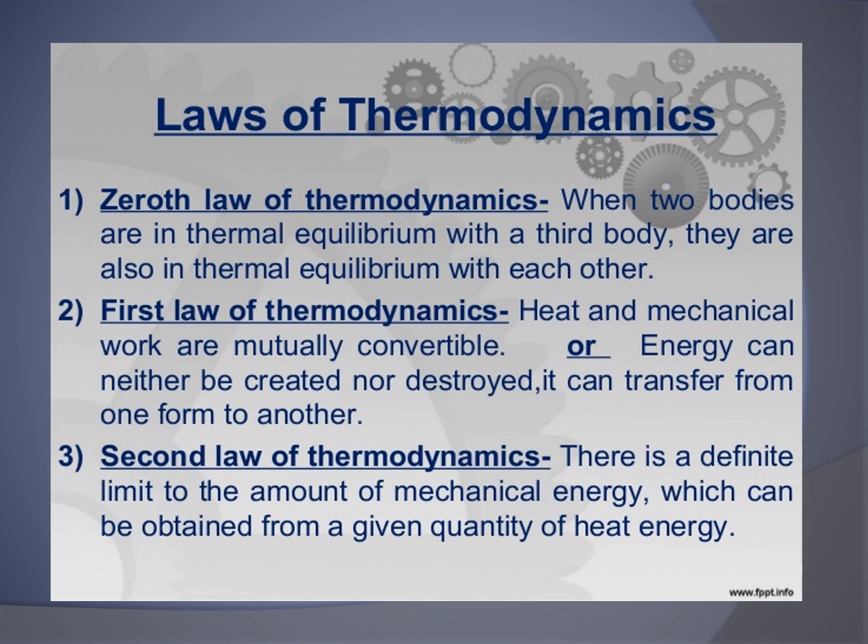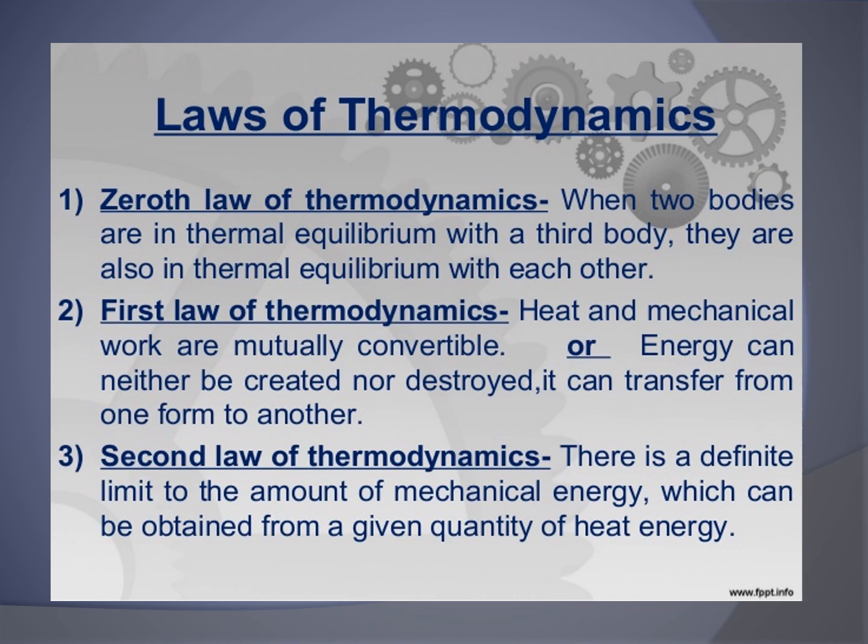There are three laws in thermodynamics. First, the zeroth law states that when two bodies are in thermal equilibrium with a third body, they are also in thermal equilibrium with each other. Most important one.